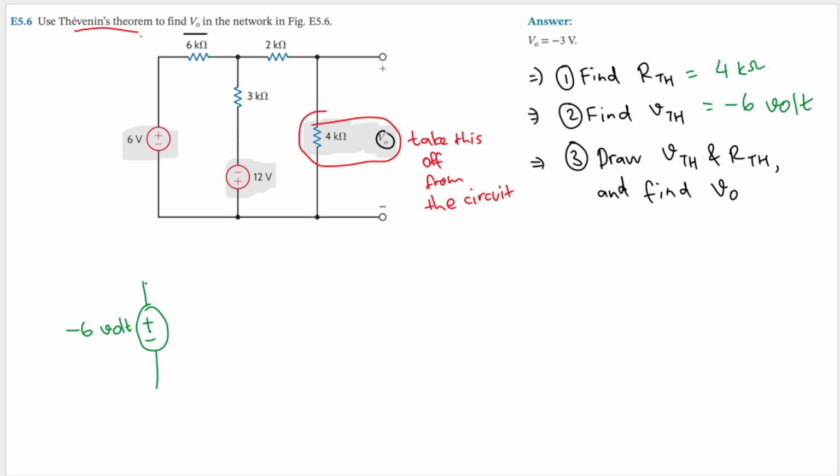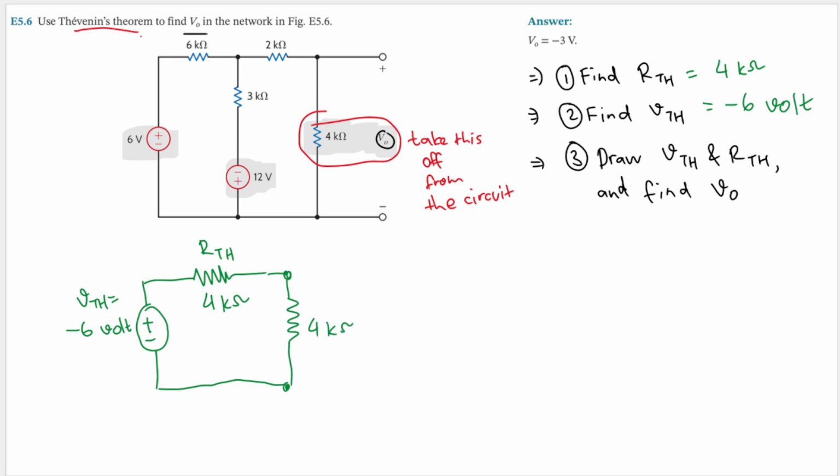Okay, and then we have this Thevenin resistance, which is this 4 kilo ohm, right? So this is our VTH, and then this one is our RTH. And then we put this 4 kilo ohm back to the circuit.